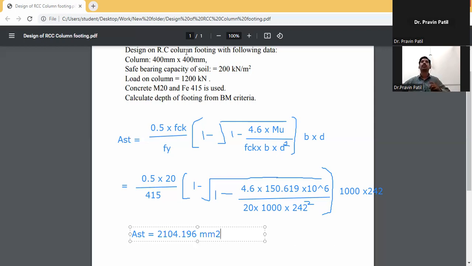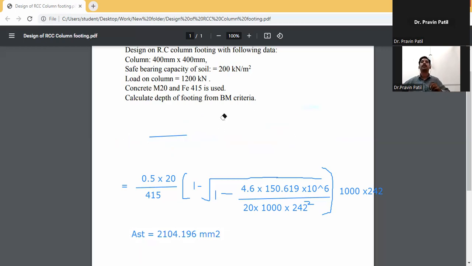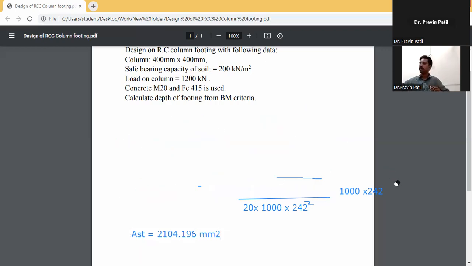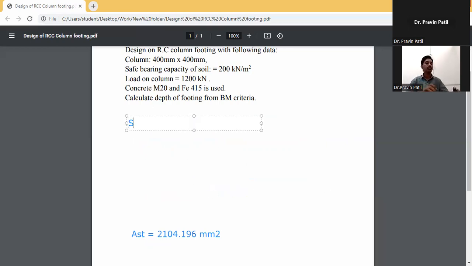Okay. The next step, step number 10, spacing of main reinforcement.